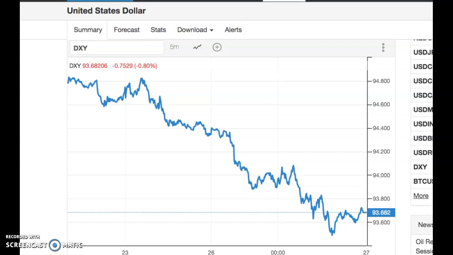Now, there are some markets that respond very quickly to a lower dollar value, and those are markets that involve commodities. Commodities are important goods, and they're often traded across the world, and they're often traded in the US dollar.